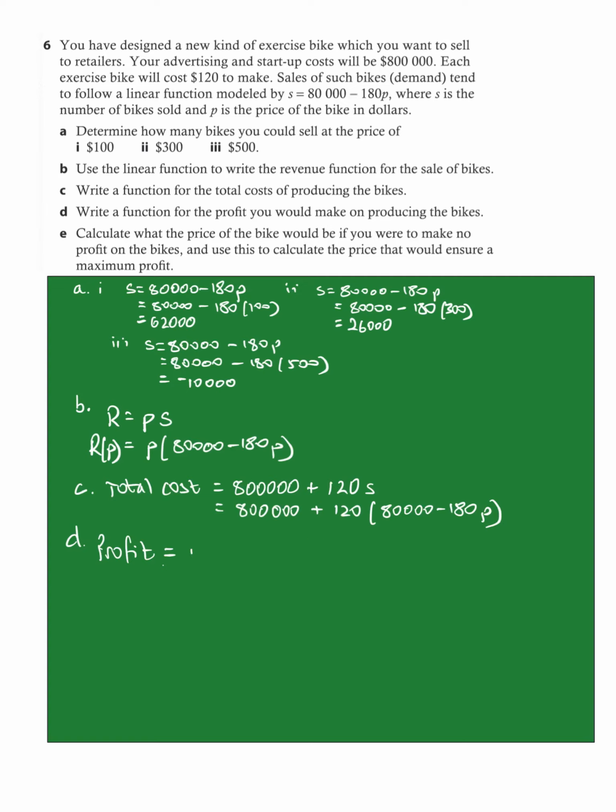So that's P outside of 80,000 minus 180p, minus the costs. You've got to be careful of that minus sign. That is outside of all of that.